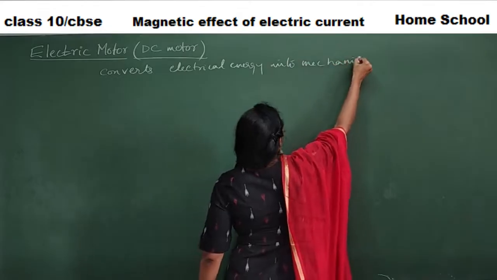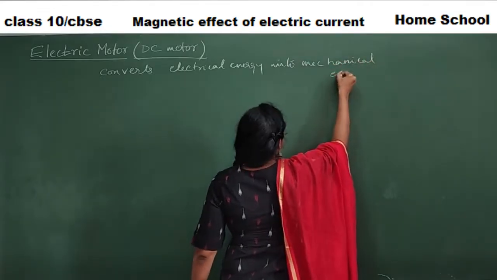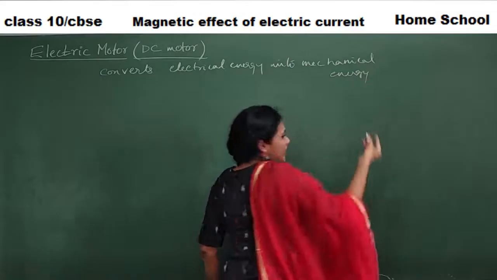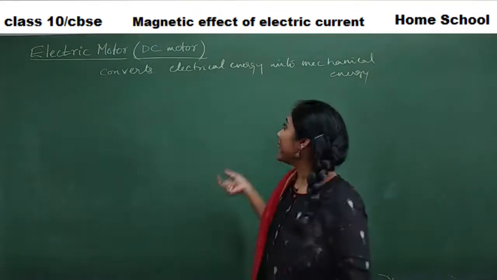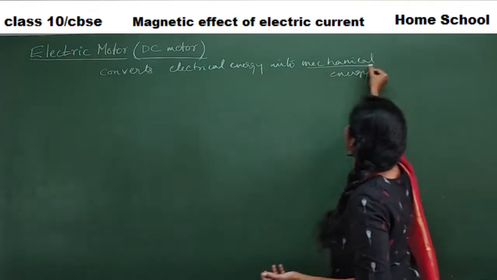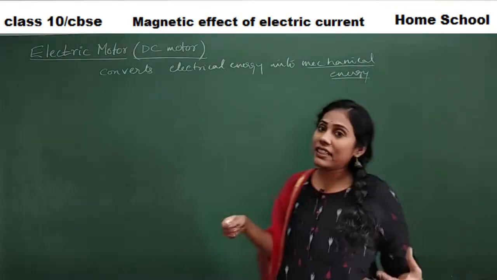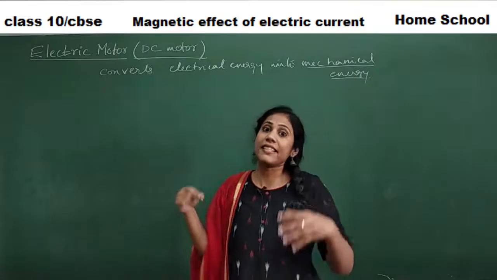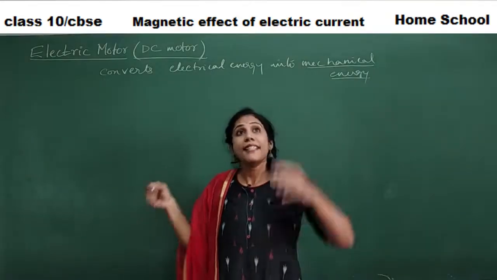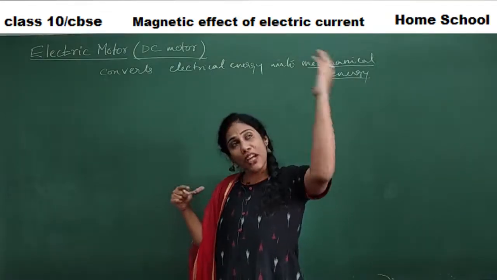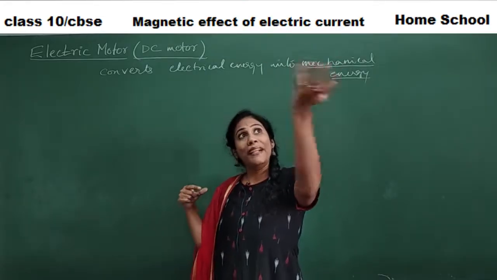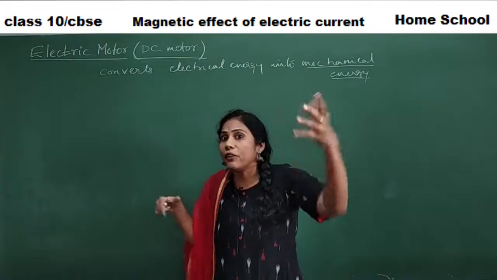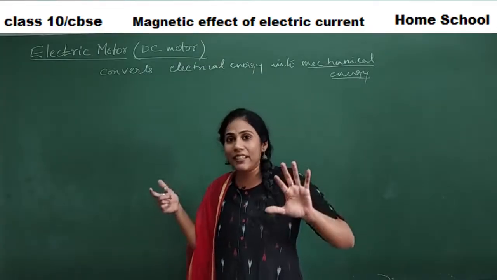What do you mean by electrical energy? It is nothing but electricity. Electricity is being converted into mechanical energy. Mechanical energy means something that continuously moves. A fan is one which continuously moves, so the movement of the fan is what we call mechanical energy.